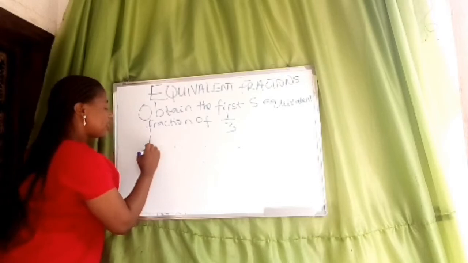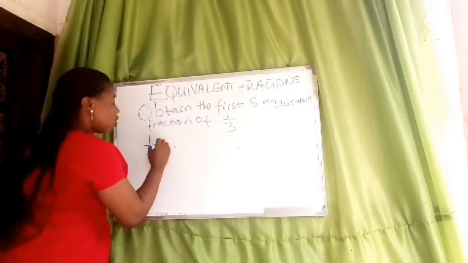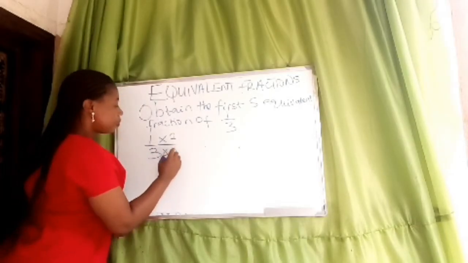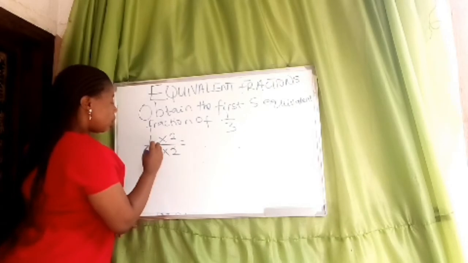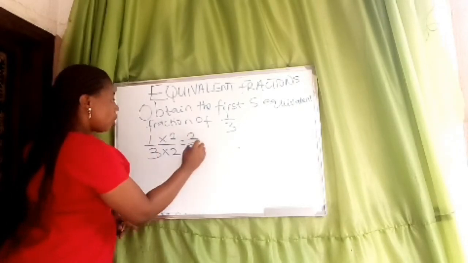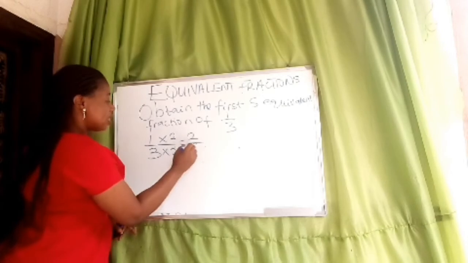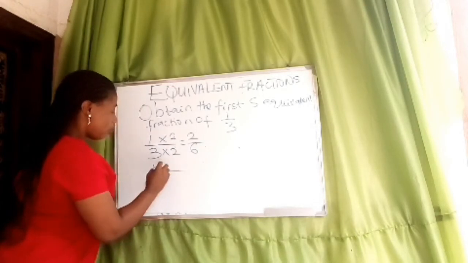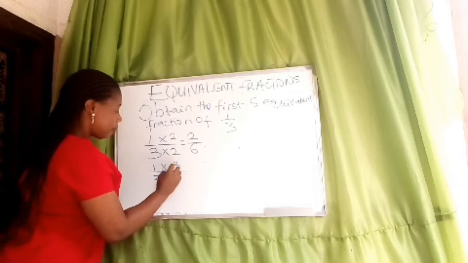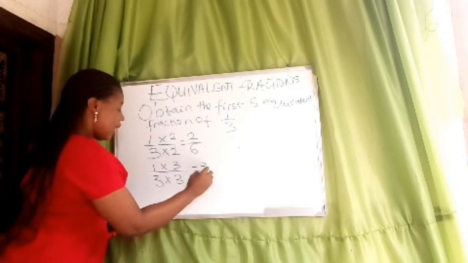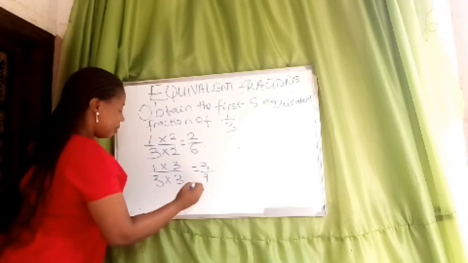So the very first fraction is multiply the numerator and the denominator by 2. 1 times 2 is 2, and 3 times 2 is 6. Now the second one is to multiply it by 3. 1 times 3 is 3, and 3 times 3 is 9.